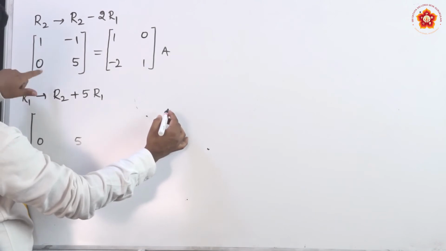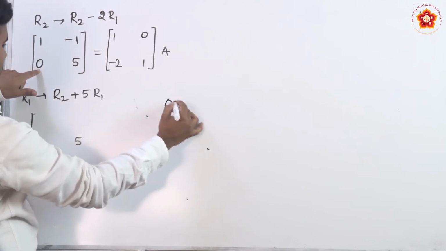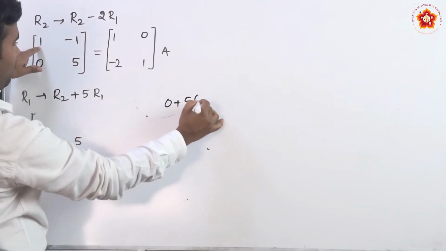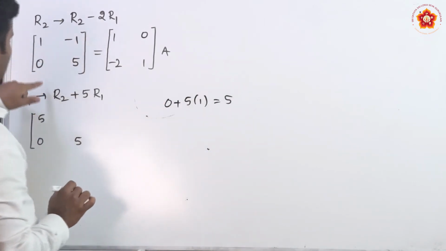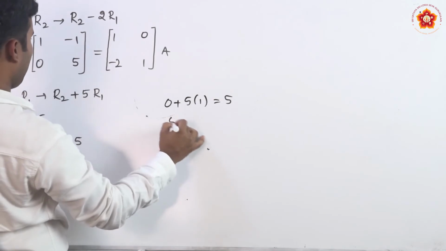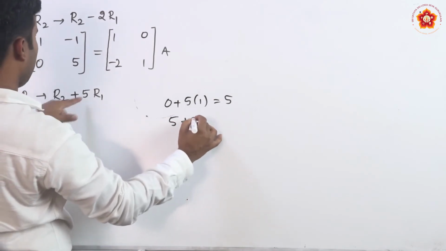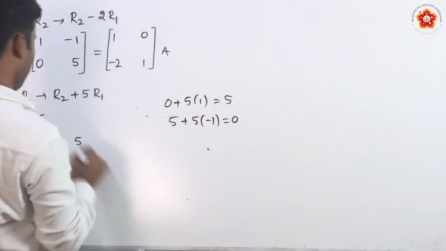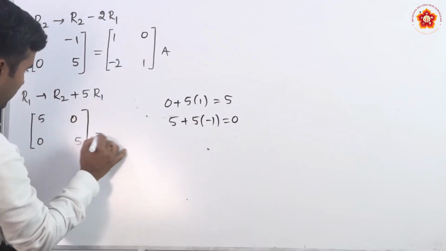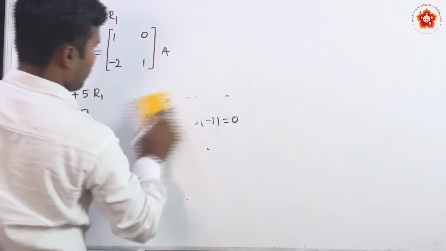So, now R2 is 0 plus 5 times R1, what is this? 5. So, put it here. So, next what is R2? 5 plus 5 times R1 minus 1, what is this? 0. So, similarly on the other side.